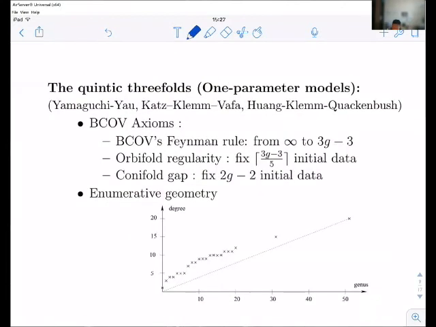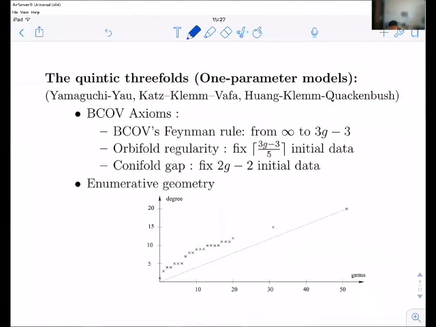Now we can see what happens in the quintic threefold case. For the quintic threefold, those physicists have a very concrete analysis. First, the BCOV Feynman rule converts the problem from infinitely many Gromov-Witten invariants to 3G minus 3 Gromov-Witten invariants.